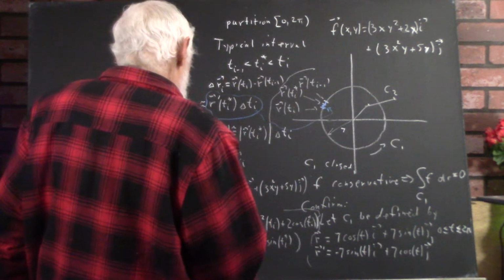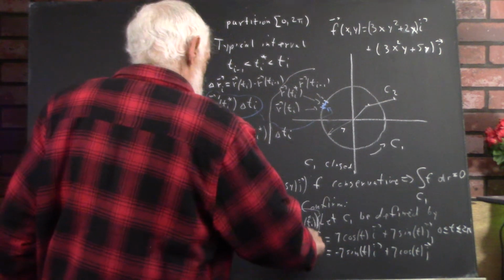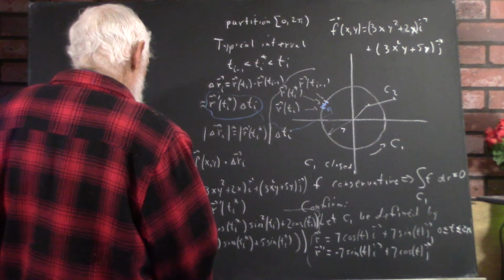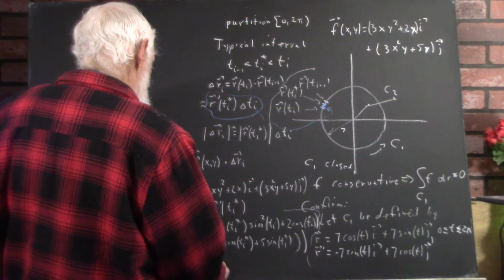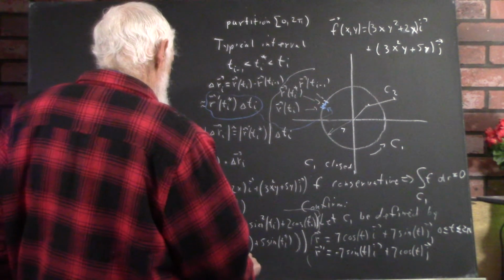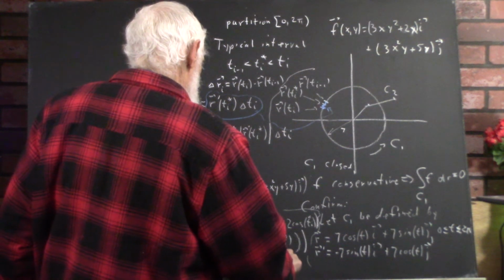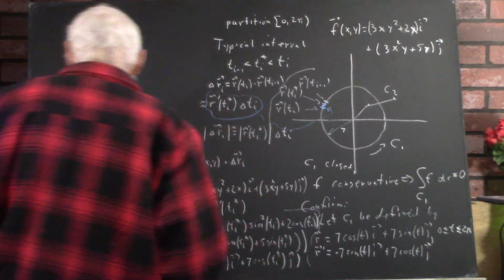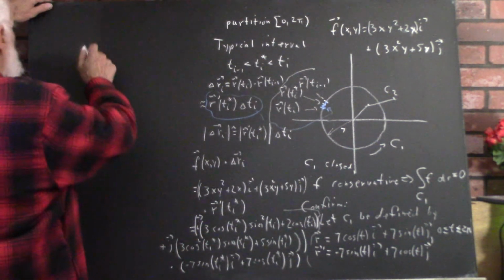Okay, anyhow, we have all this, and then that, I'm going to need a little parenthesis here and here, is dotted with r prime of t sub i star, which is the quantity -7 sine of t_i star times i plus 7 cosine of t_i star times j. Well, we just do the dot product.